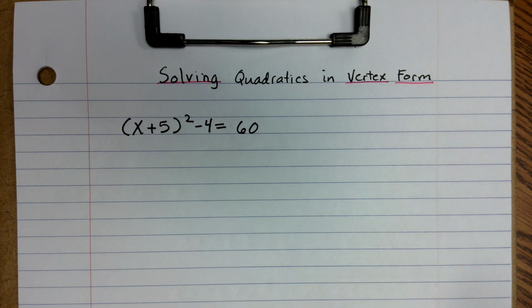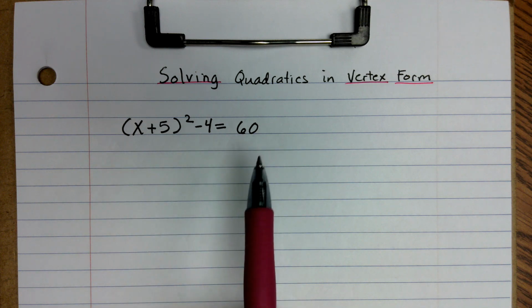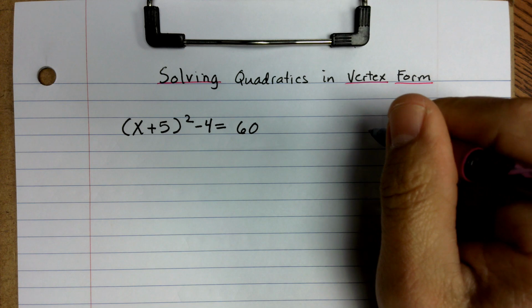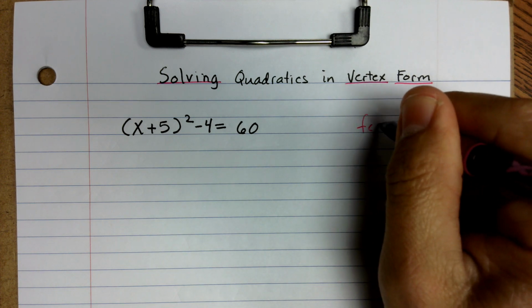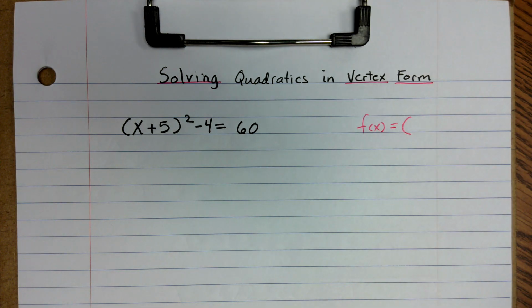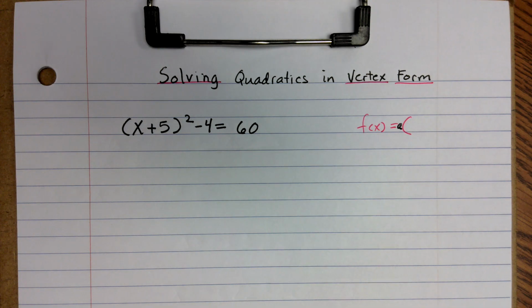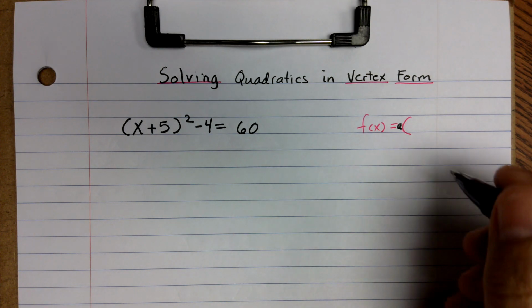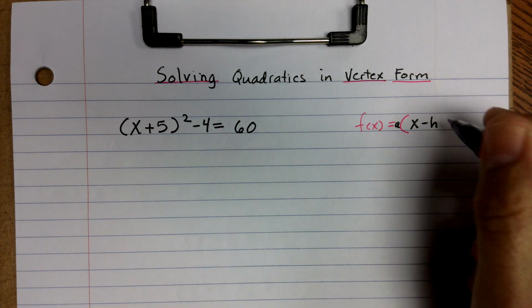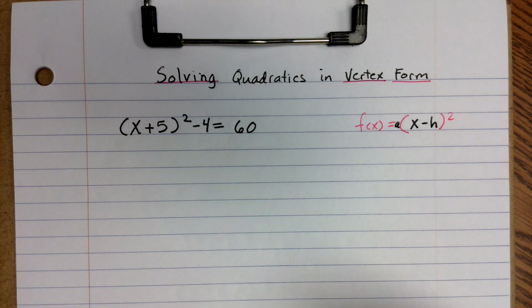In this video, we're going to look at solving quadratics when they're in vertex form. Now notice this isn't quite in vertex form, but it's really close. For example, vertex form is going to be f of x is equal to a times x minus h, close parenthesis, squared plus k.